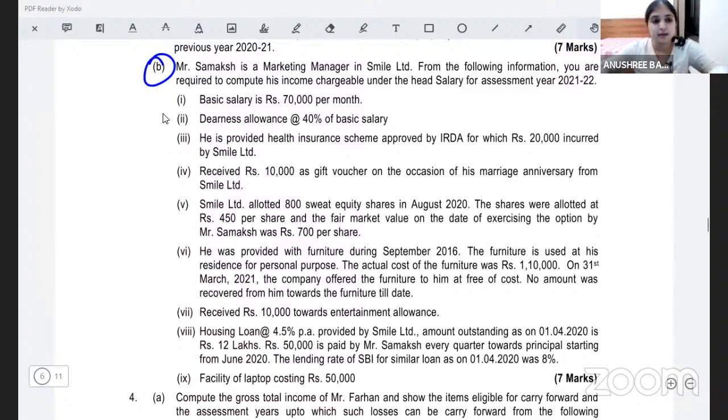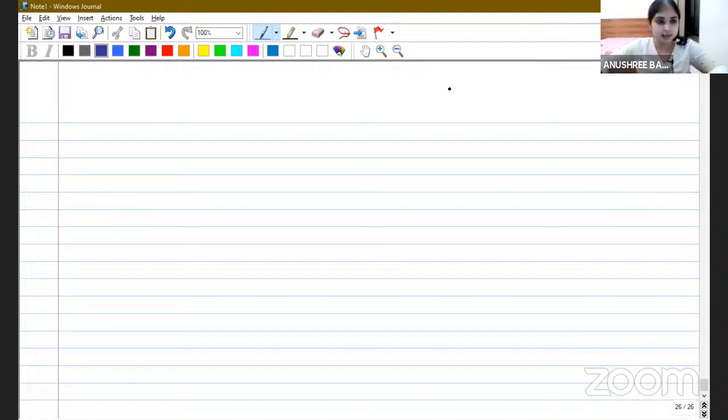Let's begin. Mr. Samaksh is a marketing manager in Smile Limited. From the following information, you are required to compute his income chargeable under the head salary. They are asking his salary income. So let's start. Let's make our table. Let's keep the answer format ready. As we read the question, we'll keep filling in the points then and there.